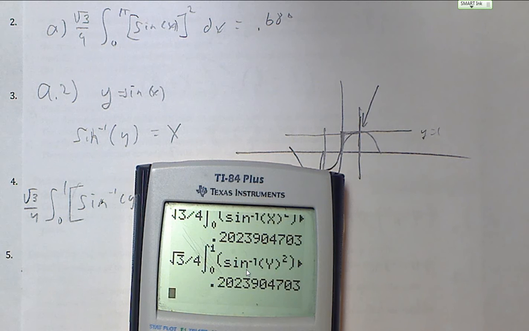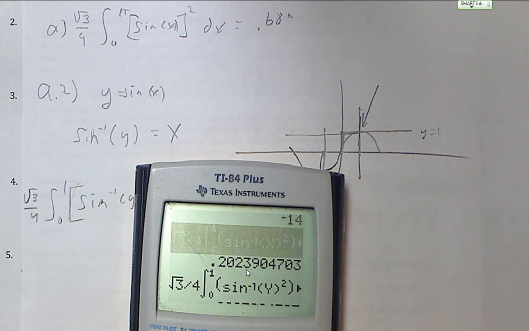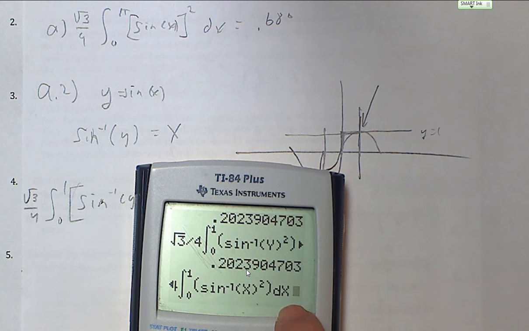Okay, eyes up here. So I did square root of 3 over 4 times arc sine of x squared dx. I got 0.202. And right here, arc sine of y dy, the same answer.